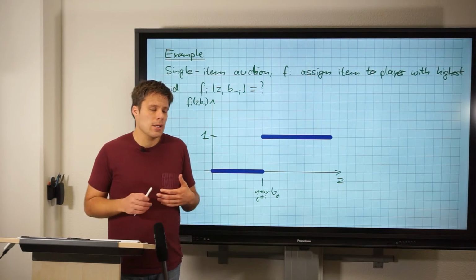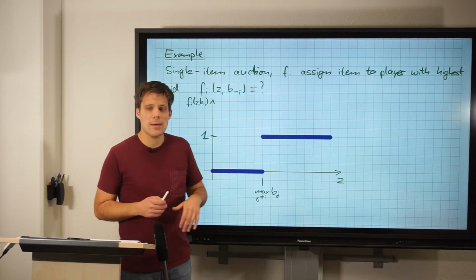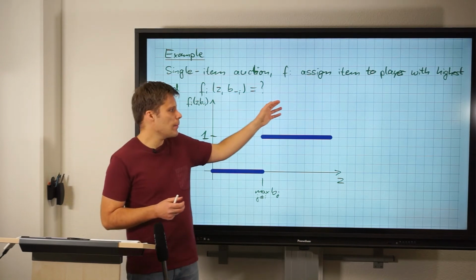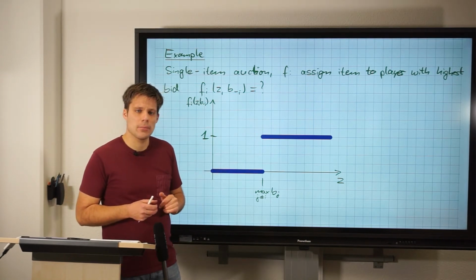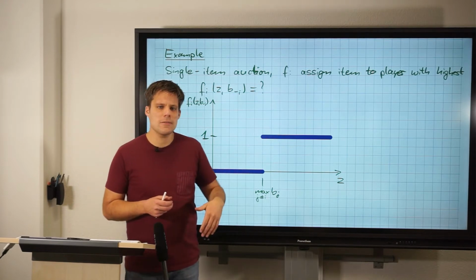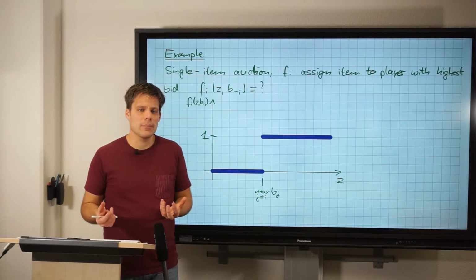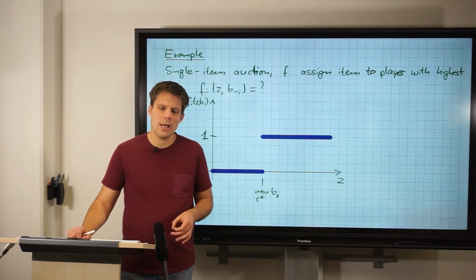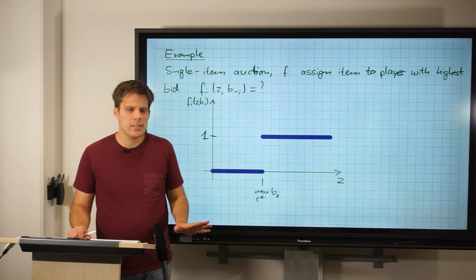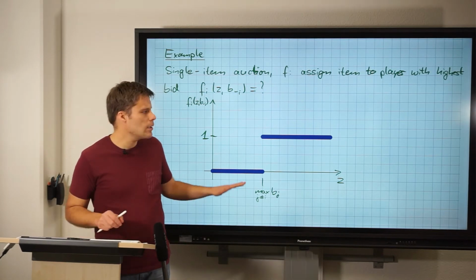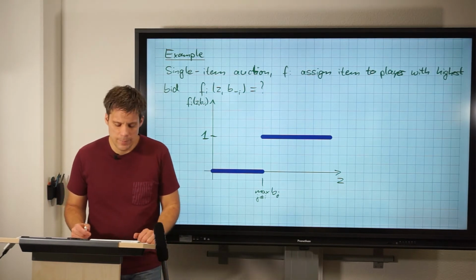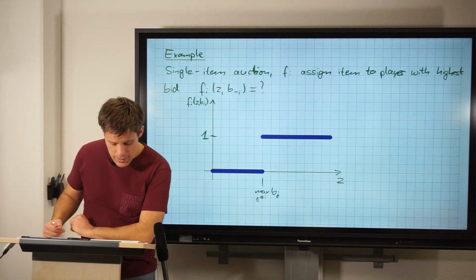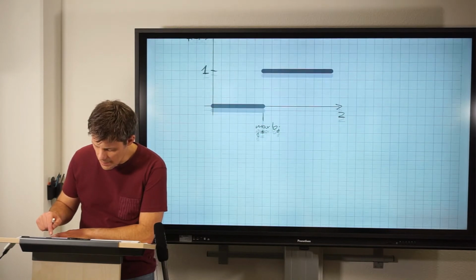For example, this might have multiple steps if I were getting 2 items here, for example. This might even be a continuous function if I have divisible items. So this is far more general than just a single item setting, but for the time being, it's okay to think about it somewhat like this. What does Myerson's lemma now state?